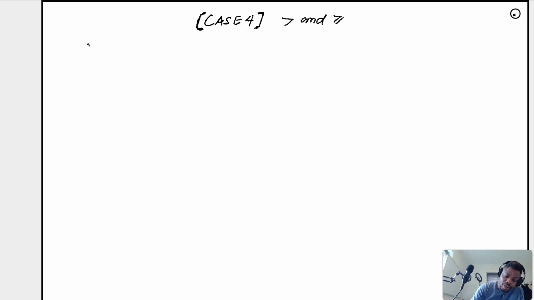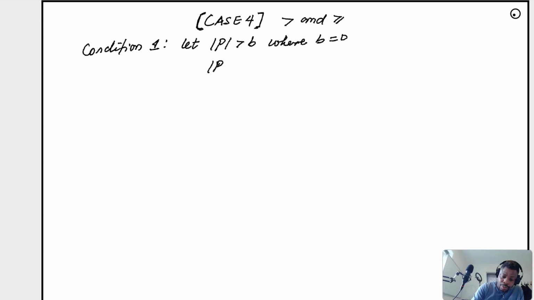So definitely we are going to have two conditions also. Condition 1: let modulus p be greater than b, where b is equal to 0. So modulus p is greater than 0. Let's see what is going to happen.